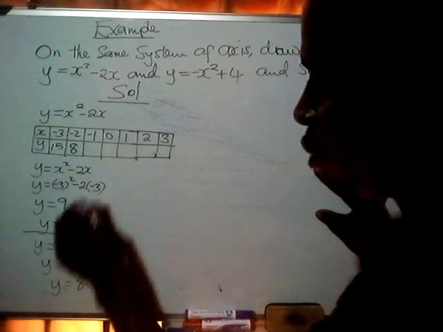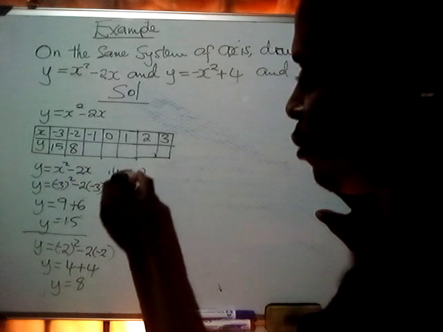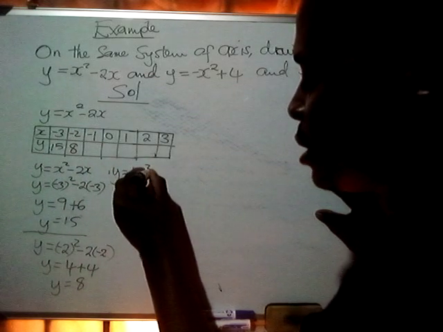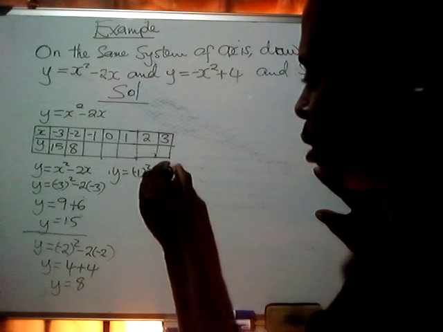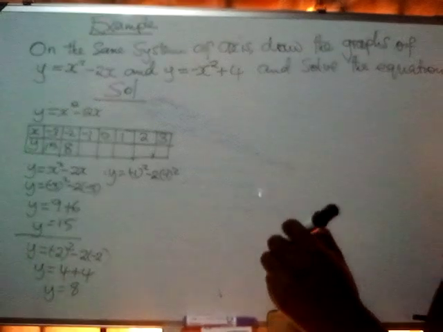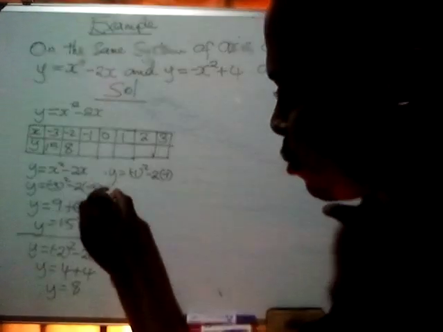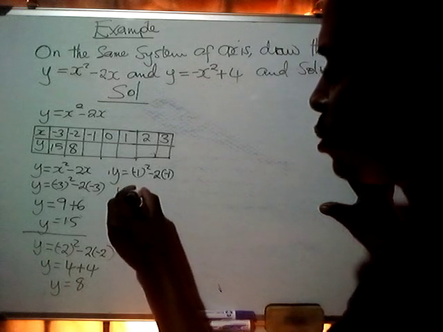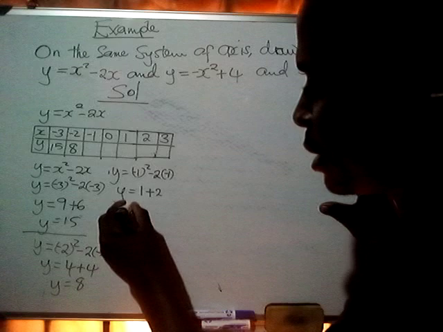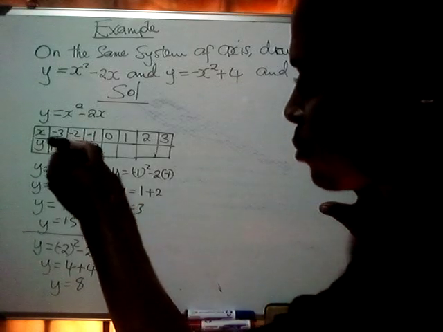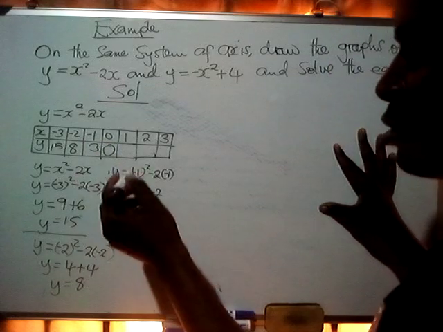Then we come here. So we say y is equal to -1 squared minus 2 times -1. So y is equal to 1 plus 2, and our answer will be 3. If x is 0, even y will be 0.